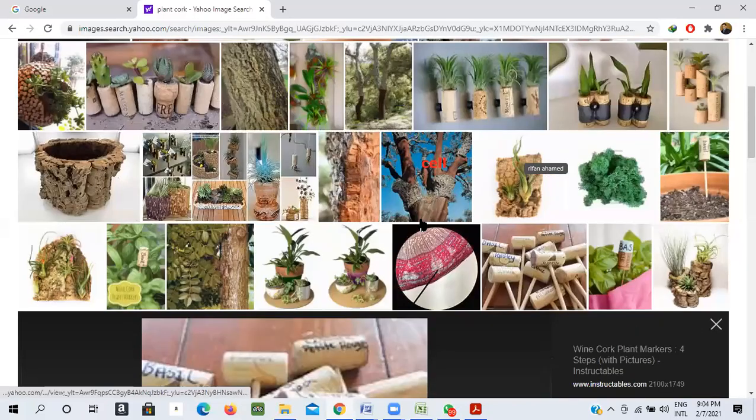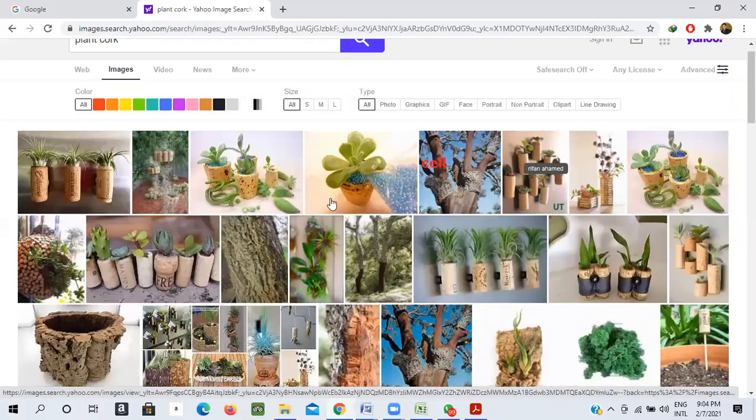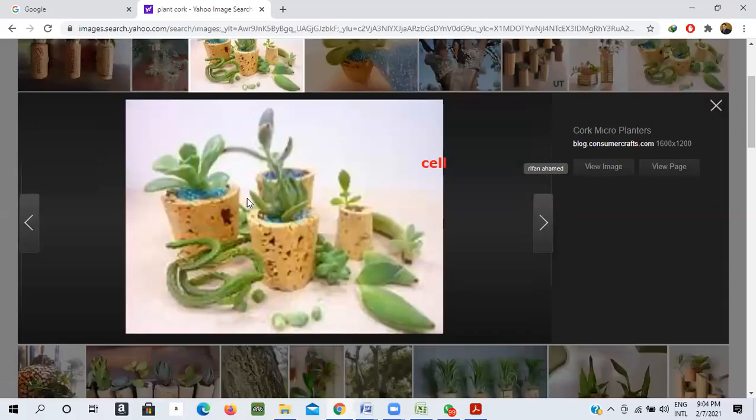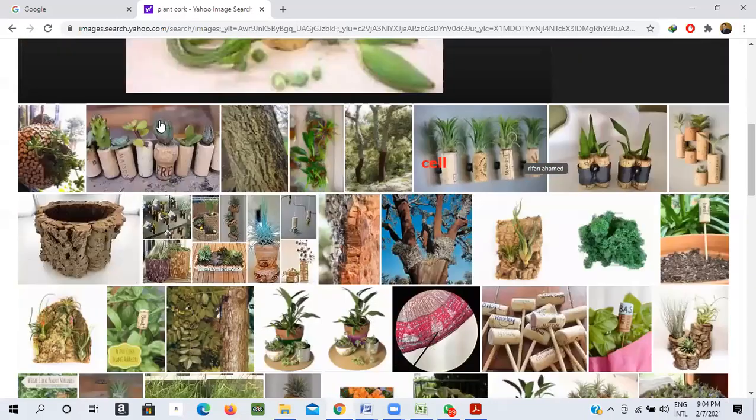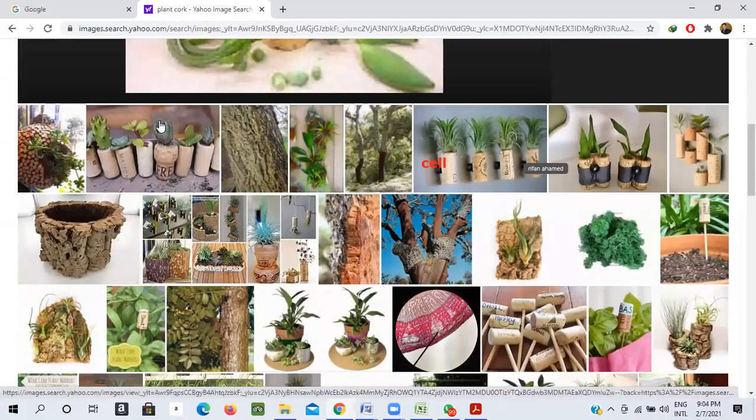That is cork. In Tamil, people call it takkai. Okay? People call it takkai.